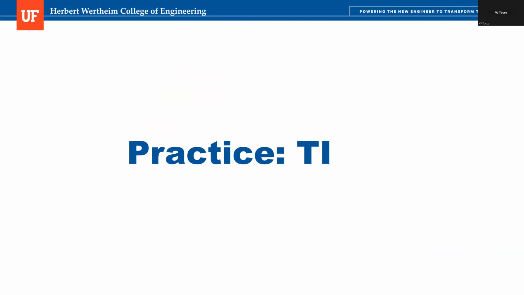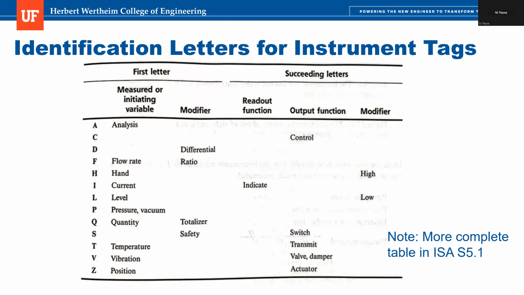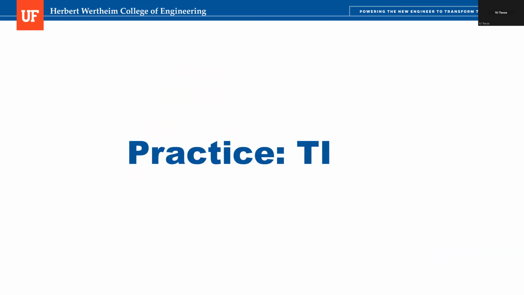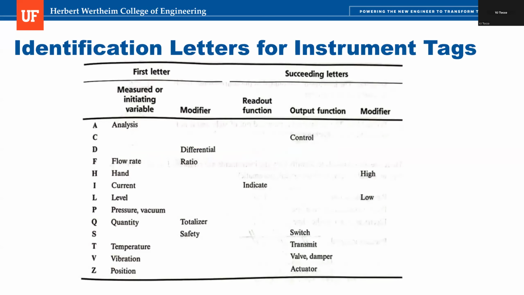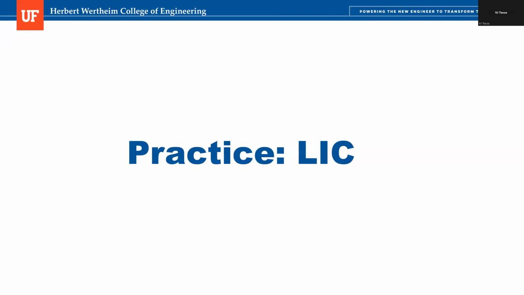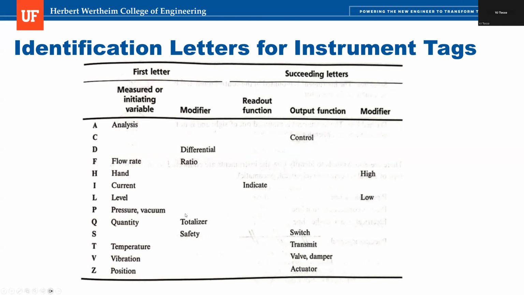Let's practice. What does TI stand for? Flipping back, that is temperature indicator. That's basically a thermometer, but a more sophisticated version. TT is a temperature transmitter. LIC is a level indicator controller.